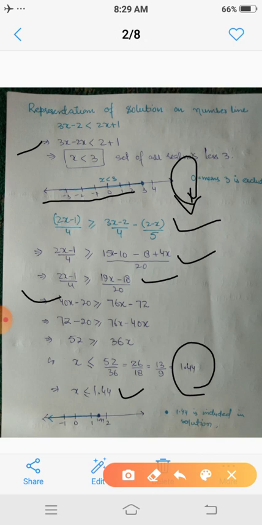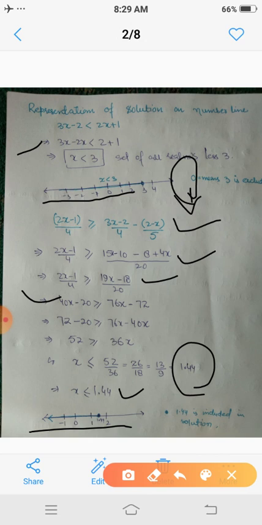And on the number line we can represent this statement as follows. Now here when we draw a number line, this 1.44 lies between 1 and 2, and this 1.44 is included in this set, or it satisfies the given inequality. So this means that we have to include this 1.44 in the solution set.